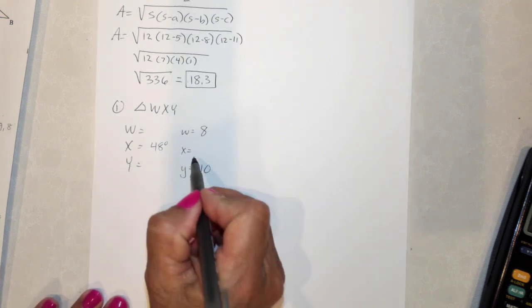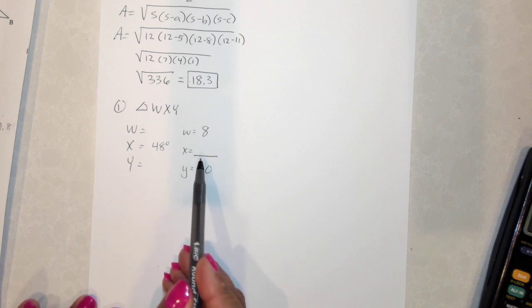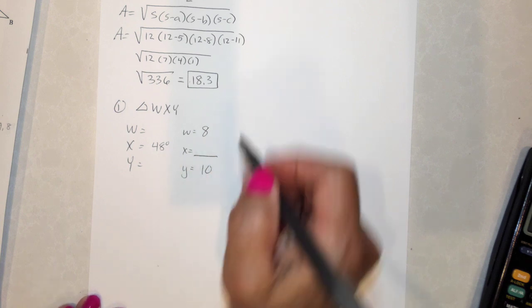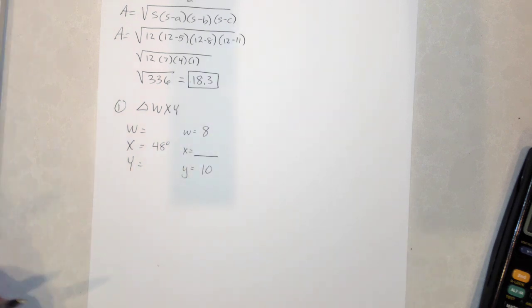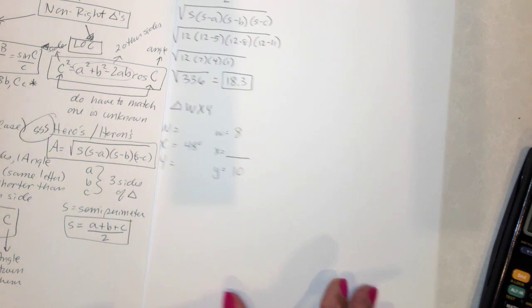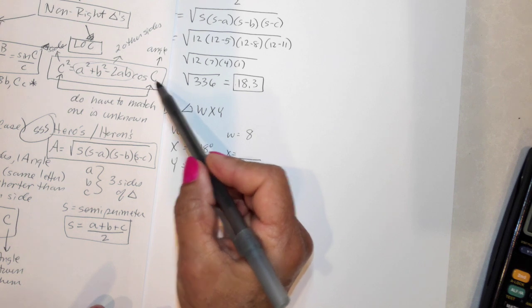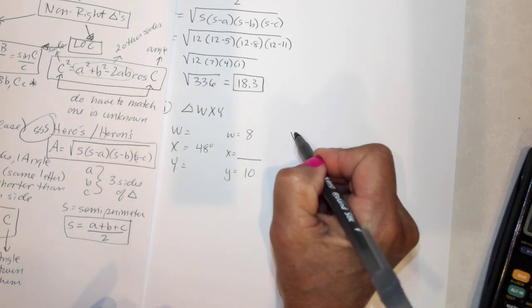And in this case, because I've been given this angle, this is going to be the thing that I can find. So I'm going to be thinking back to my formula, which is here, but I don't have A's, B's, and C's. So if I'm going to know angle x and I'm trying to find little x, I'm going to set it up like this.